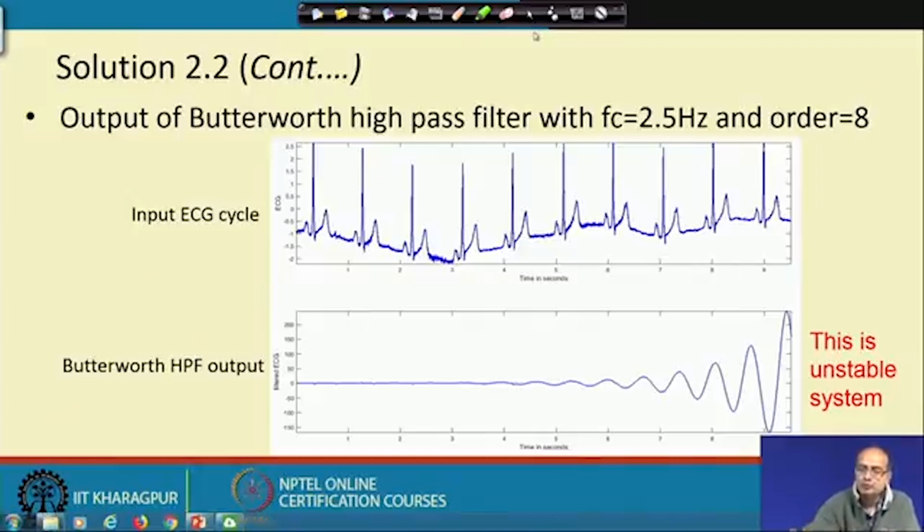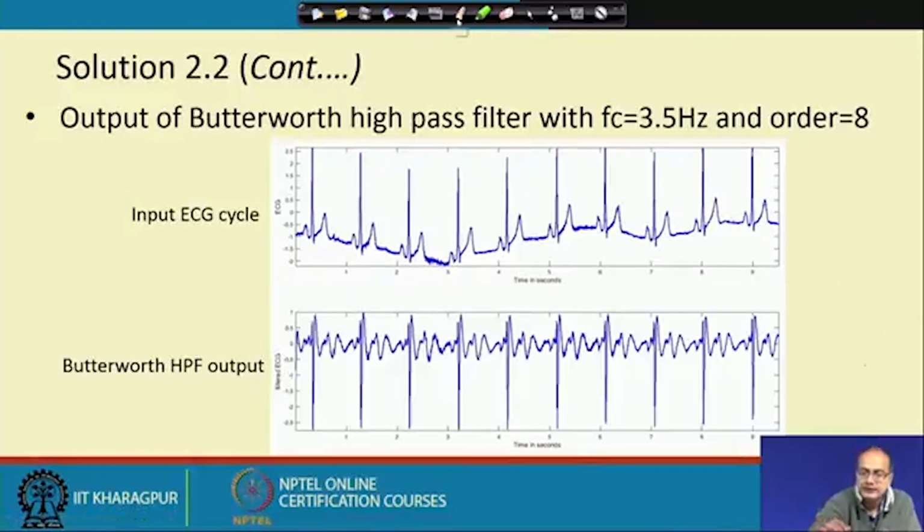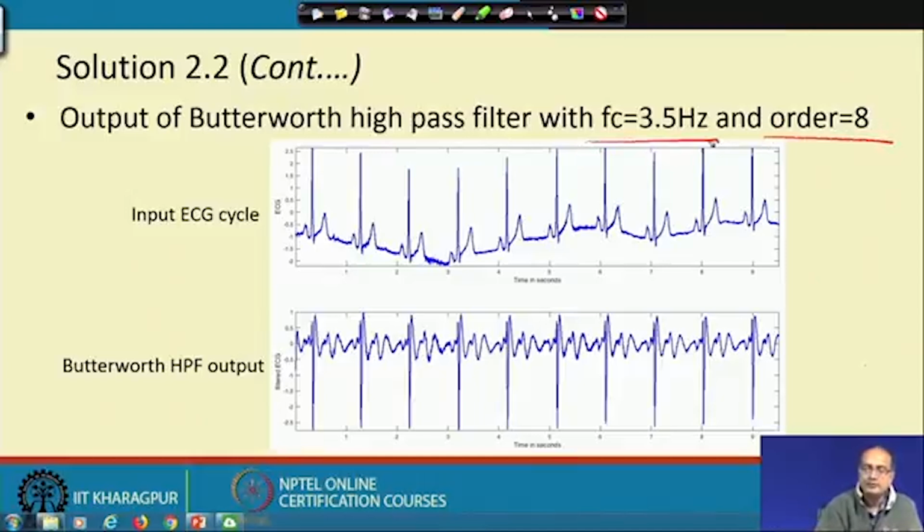So, we move forward and change the cutoff frequency, keeping the model order the same at 8, with cutoff frequency 3.5. We are happy to get a stable filter output. However, the signal distortion is pretty high.